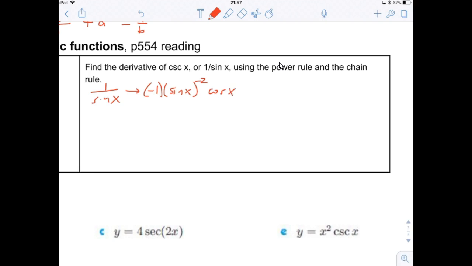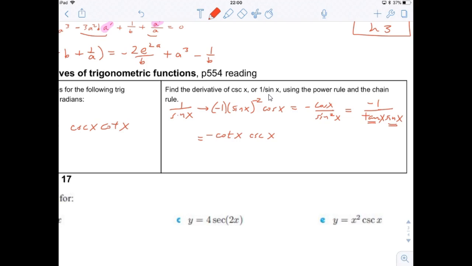And that is equal to negative cosine x over sine squared of x, which I could rewrite as, let's see, sine divided by cosine is tangent. So it's like having tangent on the bottom, right? And then it's also like having an extra sine on the bottom, right? So last of all, I need to put the negative sign on the top that was here, right?